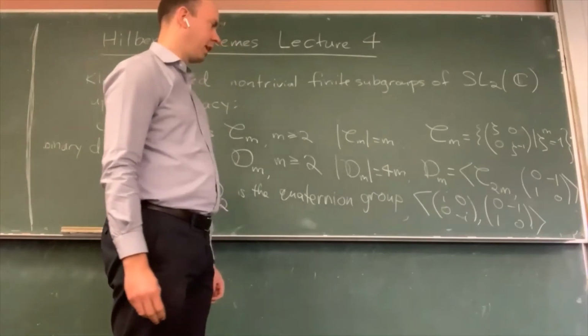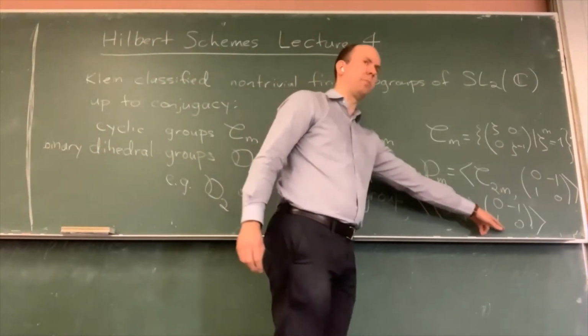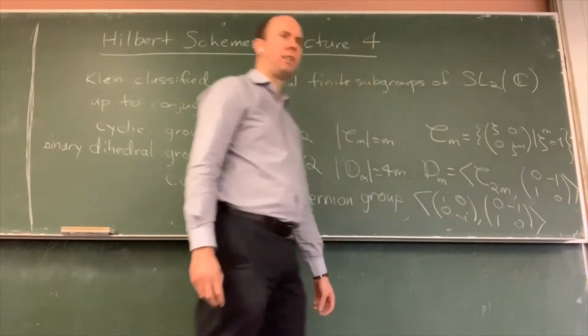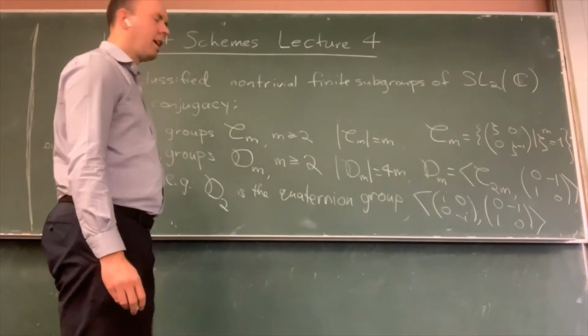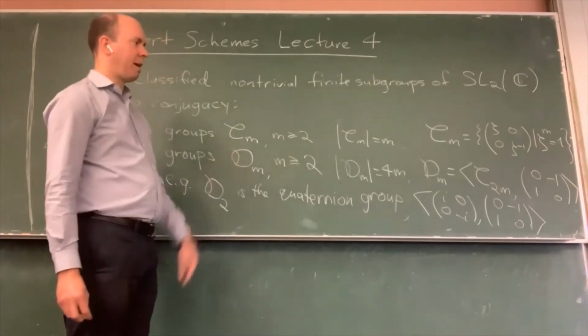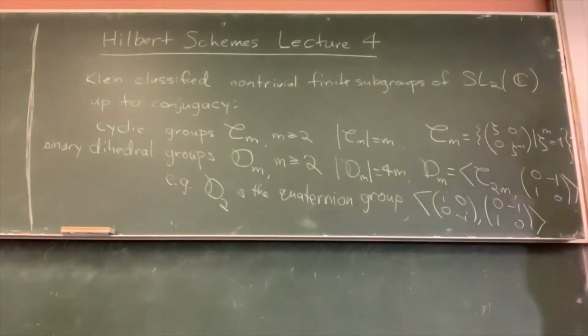So in terms of quaternions, this is the element which you would want to call i, and this is the element you would want to call j, and they generate the familiar 8-element quaternion group. And so there are those two infinite families, and then there are three other examples: the binary tetrahedral, octahedral, and icosahedral groups.